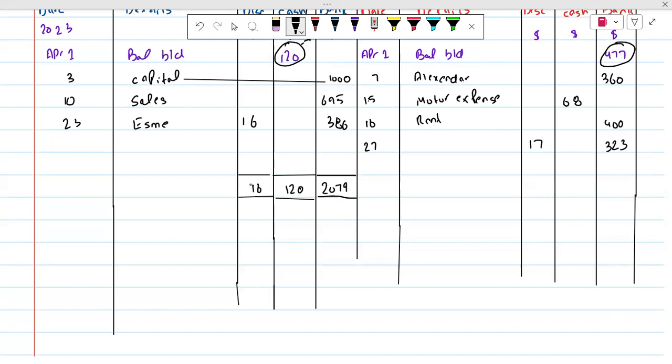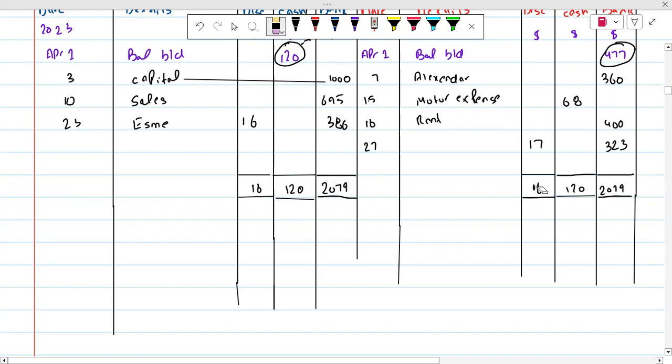Okay, so we have to balance this here. Okay, so when we deduct 477, 360, 400, 323 from 2079, we have 519.